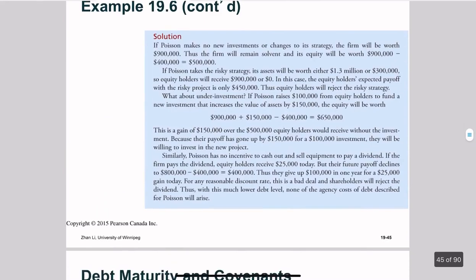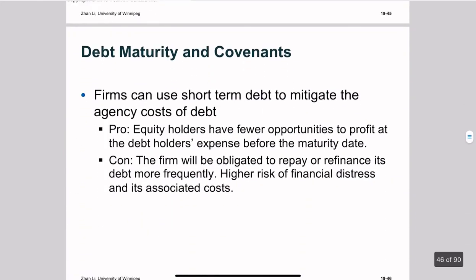Okay. Now, you might wonder, since there are these agency costs of debt, then what can we do to reduce these agency costs? Right? So there are several ways. The first is the firms can use short-term debt to reduce the agency costs of debt.